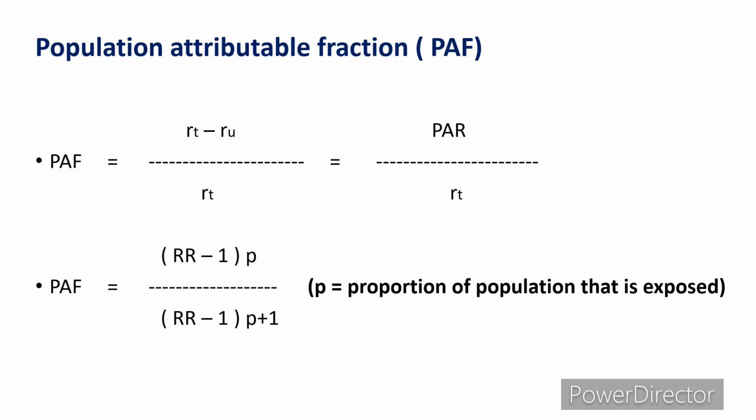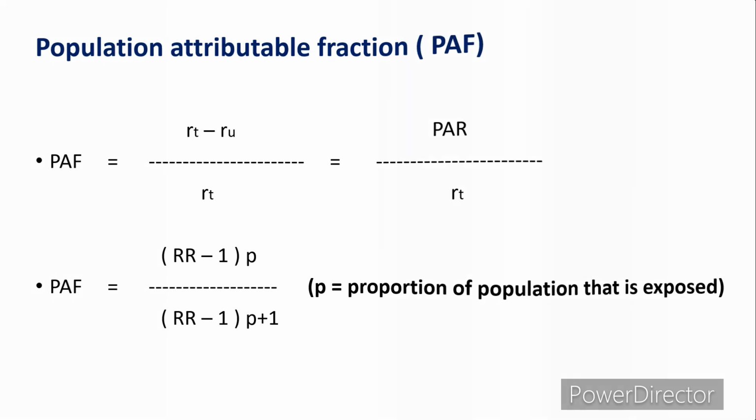Whereas in normal attributable fraction, it's AR by RE, attributable risk divided by risk in exposed population. Or in terms of relative risk, you can use an alternative formula, that is RR minus 1 multiplied by P, divided by RR minus 1 multiplied by P, plus 1, where P is the proportion of population that is exposed. So based on the question, you can use any of the formulas.